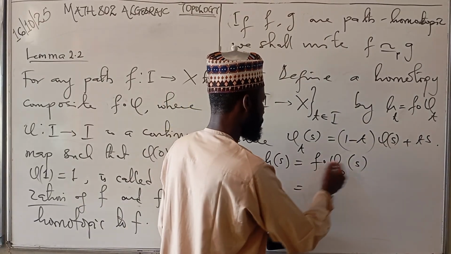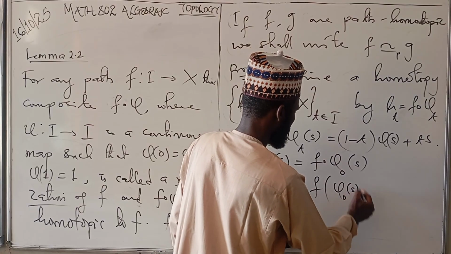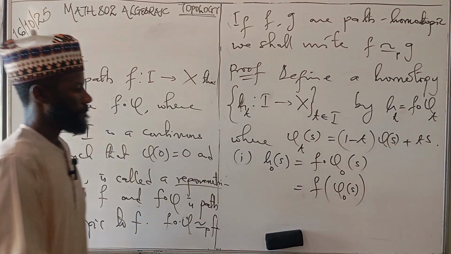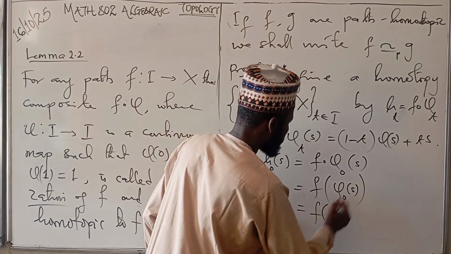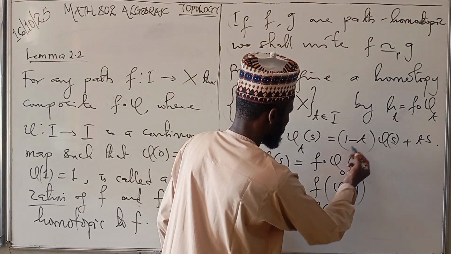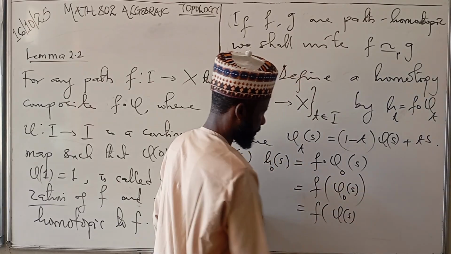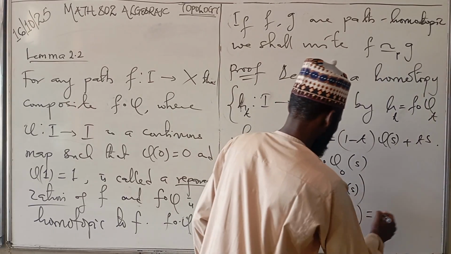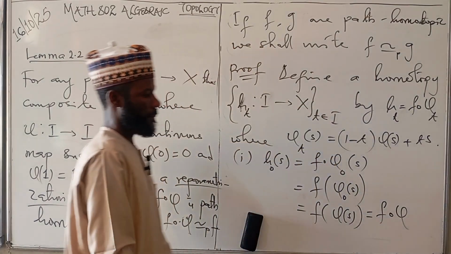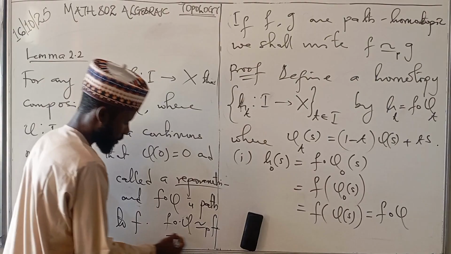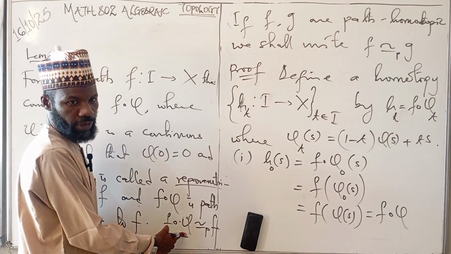But what will this be? This will be F of, well, 1 minus 0, so it will be phi of S, and this will be 0 over there. Is that okay? And that is equal to this. So H0 is F composite phi.